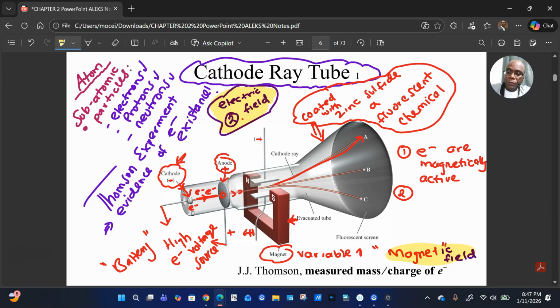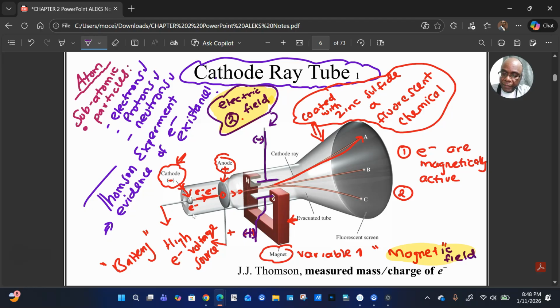Now we're introducing the electric field. We are done with the magnetic field. The electric field is where you're introducing a negatively charged side and a positively charged side of plates. So this is the negative side of the electric field. This is the positive side of the electric field. Probably the two are connected to a battery.